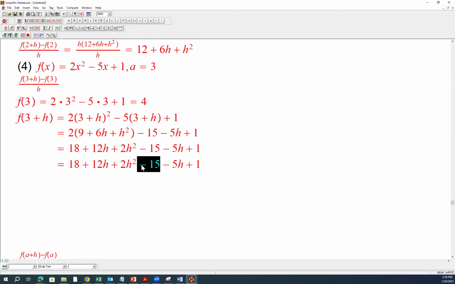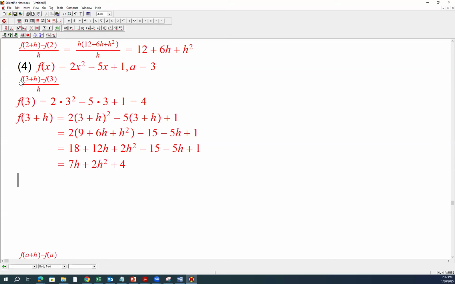Negative 15, positive 18, right? That makes 3. 3 plus 1 is 4. So these numbers are combined into a 4. 12h minus 5h, that makes 7h. Okay, so that's what we got. You can rearrange it, certainly, no problem. But keeping it this way is fine.